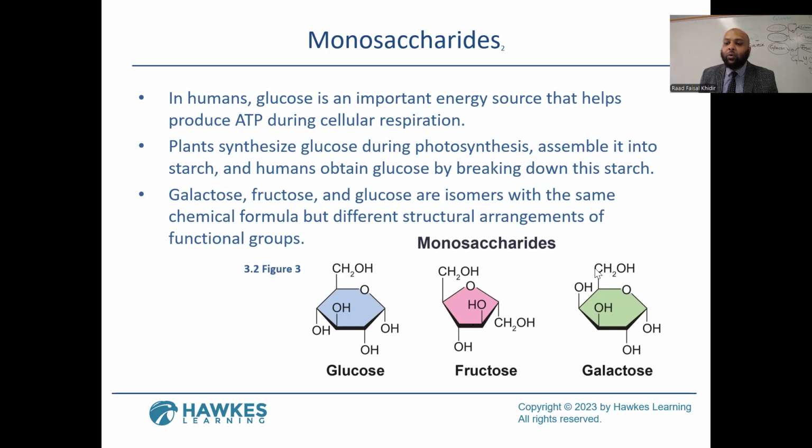And then you have one, two, three, four, five, six carbon. Make sense? So they all have the same number. They are arranged differently. It's like 1, 2, 3, 4, 5, then you put 1, 4, 5, 3, 2. So you just rearrange, but they have the same number of atoms.